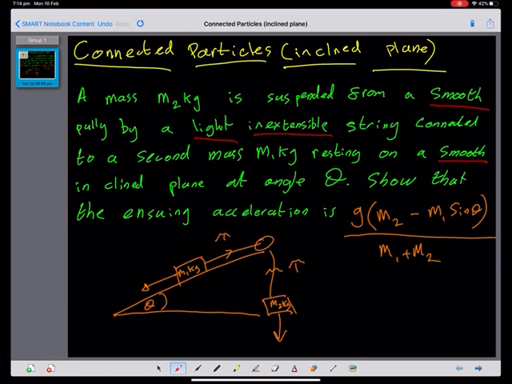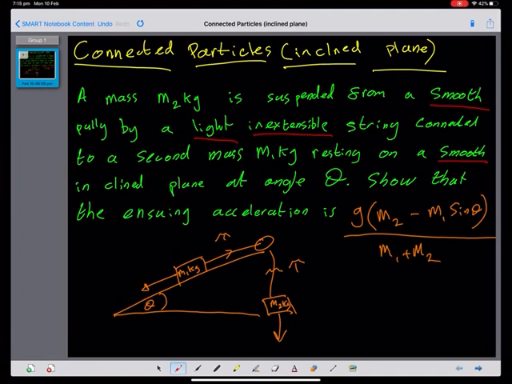So you're assuming that you get an acceleration when released from rest. This looks like either a physics question or a mechanics question. The question says a mass m2 kg is suspended from a smooth pulley by a light inextensible string connected to a second mass m1 kg resting on a smooth inclined plane at an angle theta.